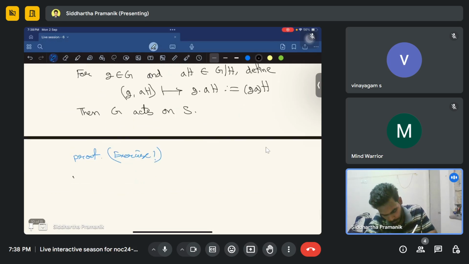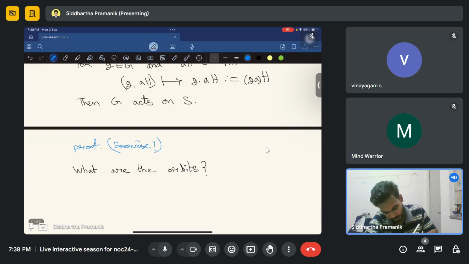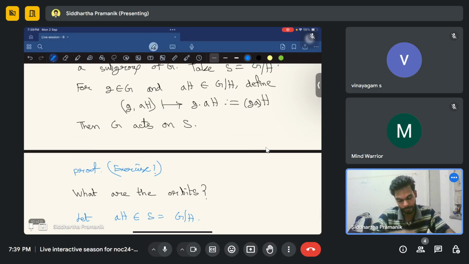So what are the orbits? If you take an arbitrary element, let aH belong to S, which is G mod H, then what is the orbit of this element? Can you guess what is the orbit of this element?